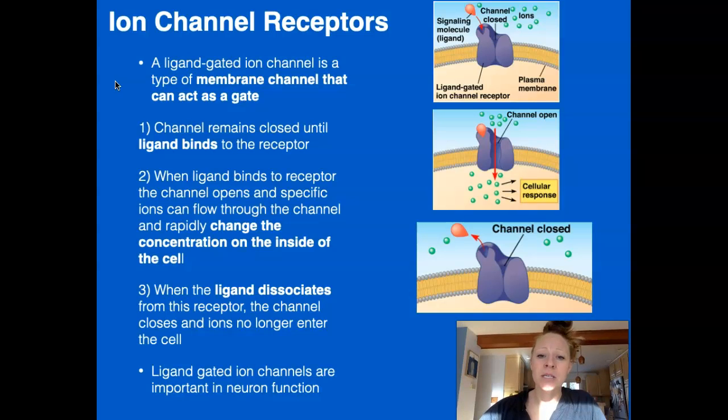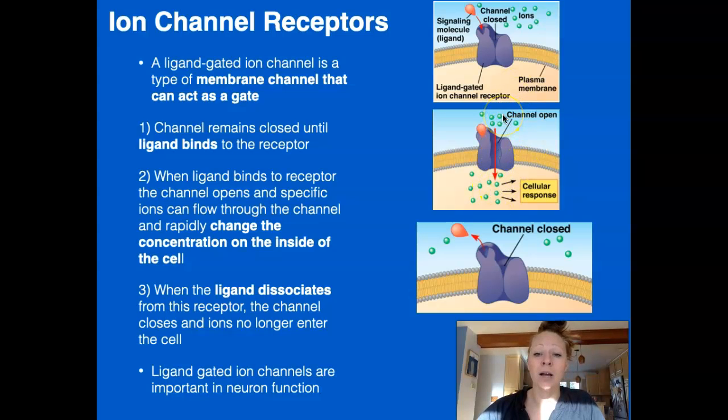Our third cellular process for sending messages externally to internally that uses transmembrane proteins is ion channel receptors, and these should sound familiar. We talked about nerve cells. What happens is the ligand or the signaling molecule is going to attach to the protein and open the gate, and it's going to allow for a rapid change in the concentration of an ion on the inside.